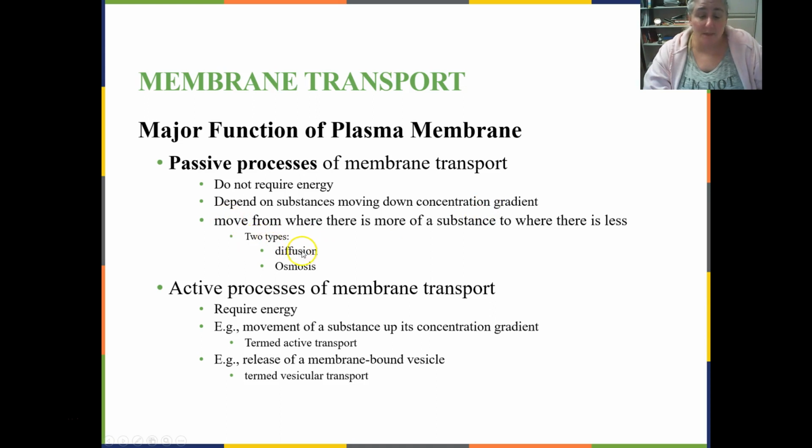And there are two types of diffusion, simple diffusion and facilitated diffusion. And then we have osmosis. And then with active transport, we use energy. So in general, the energy is going to come from the ATP, but there's a secondary active transport where we're using energy of ion gradients, which we'll talk about later on, okay?